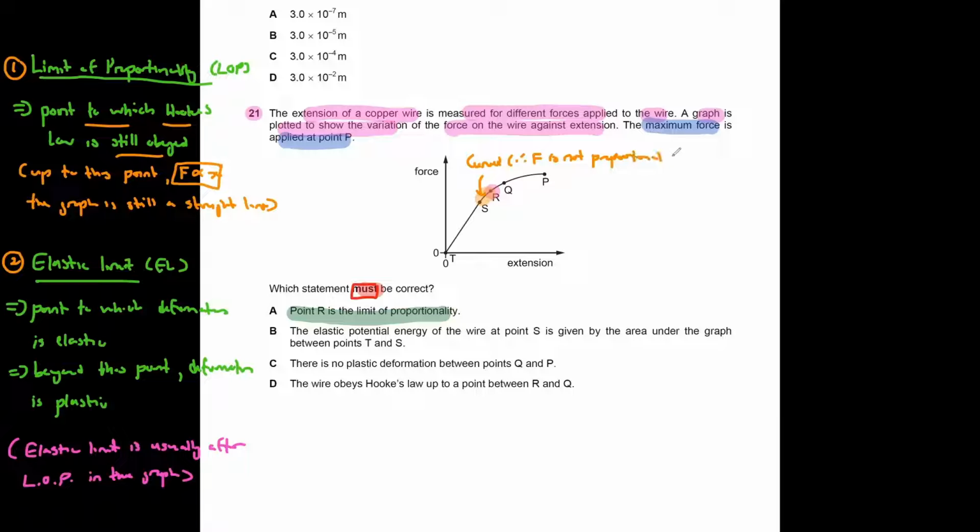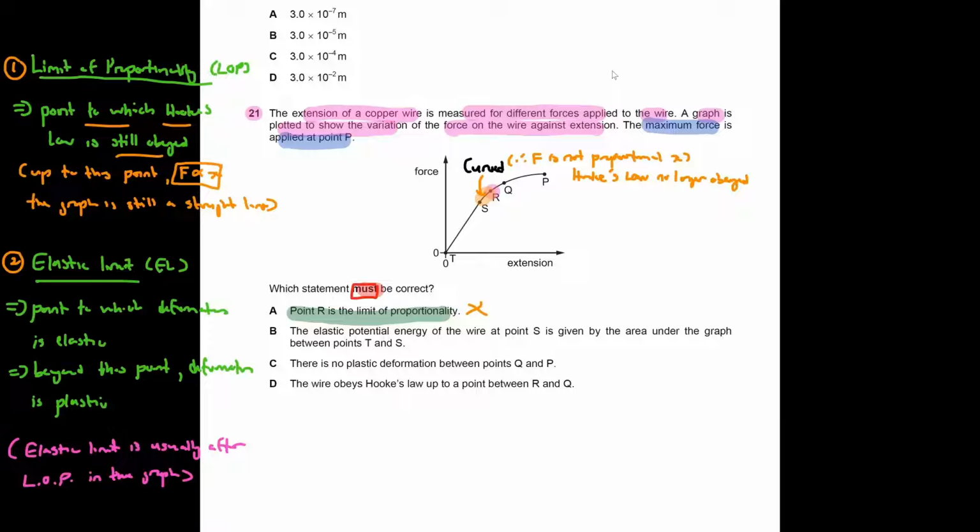Hooke's law is no longer obeyed. Okay, so this one is out. The most obvious giveaway is that you can see that it's curved. The moment you see it's curved, it is already no longer obeying Hooke's law. Okay, so A is out.